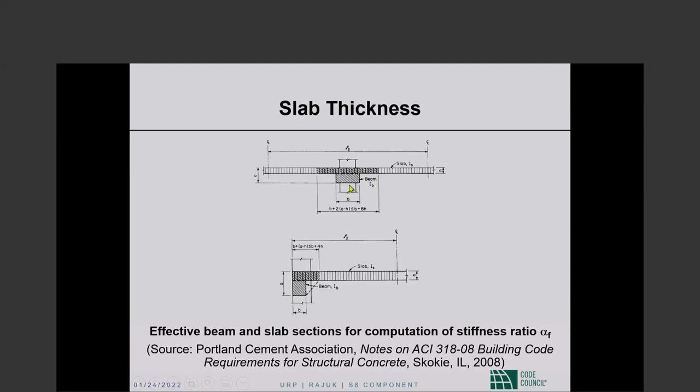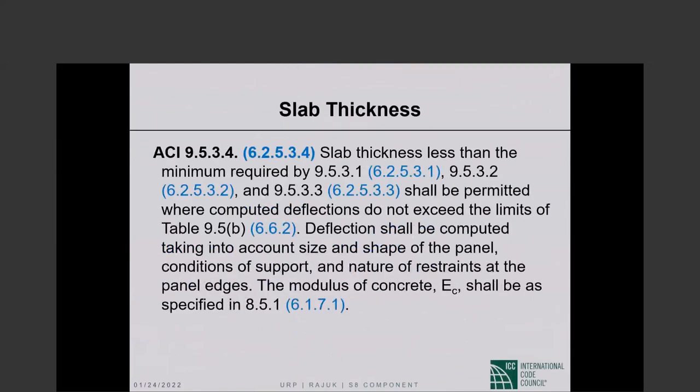So if you look at the two pictures, you will see it's quite clear. The beam is the shaded portion, including a part of the slab, and alpha sub f is the beam stiffness divided by the slab stiffness, slab being panel to panel width of the slab. That's alpha sub f.